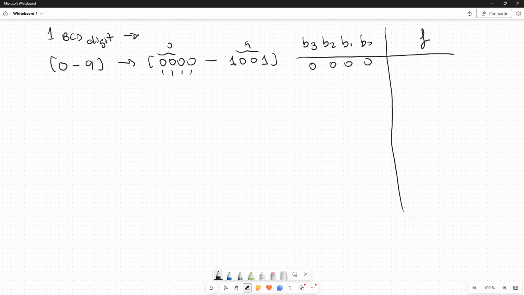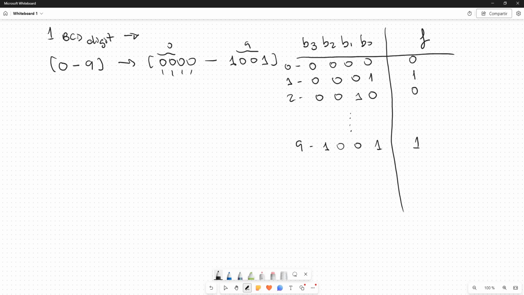This is 0 in decimal, 1 in decimal. I'm just applying the BCD codification, etc. until 9. So we are going to have here certain values. Imagine 0, 1, we don't care, just an example.